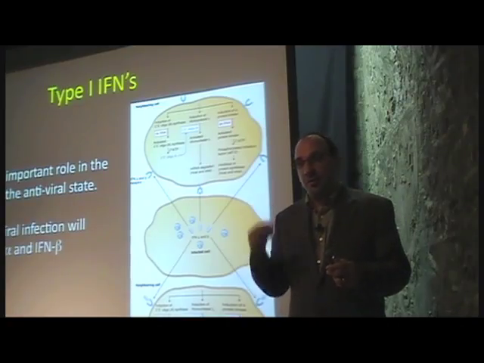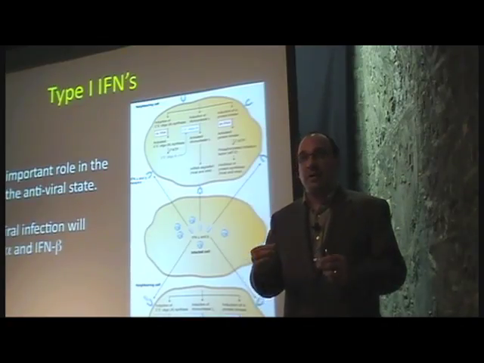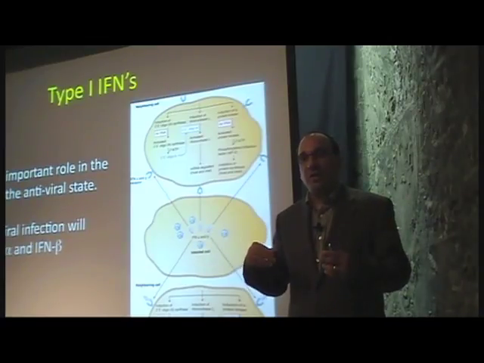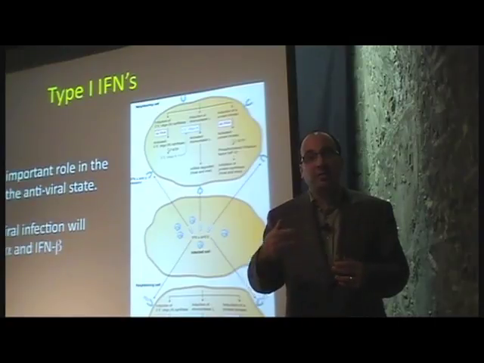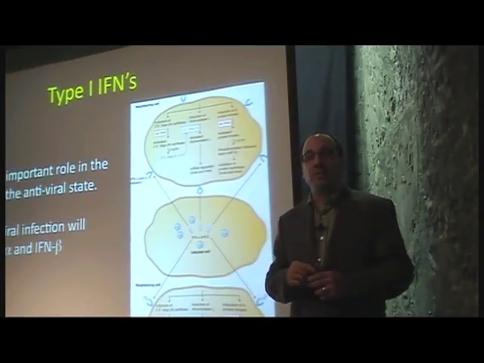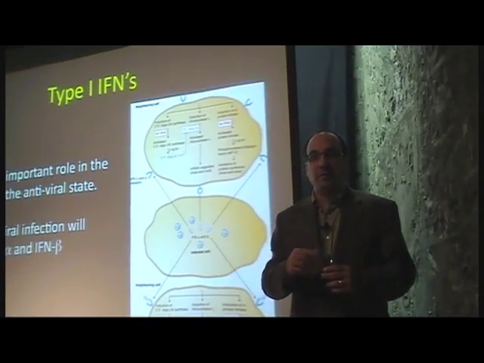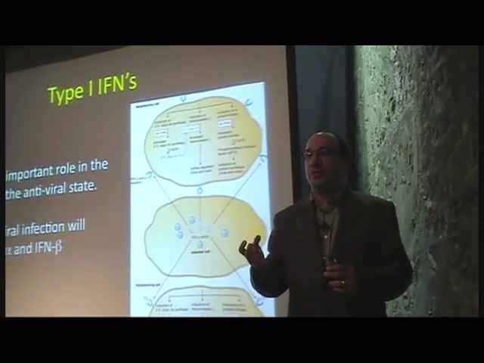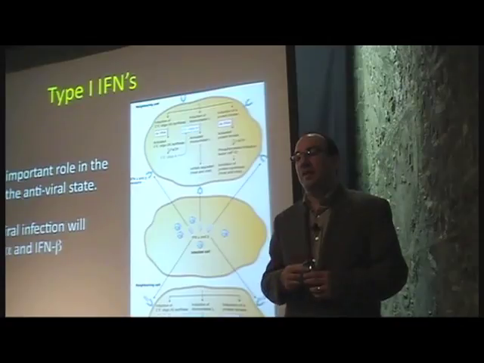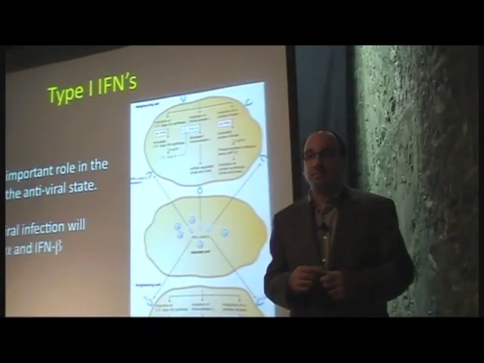Binding of interferon to the interferon receptor sets up the antiviral state in surrounding cells, such that those cells are resistant to viral infection, which is what happened in that original experiment. Pre-treating cells with UV inactivated virus caused the production of interferons, which then set up an antiviral state in all the surrounding cells, which prevented those cells from being infected by the wild-type virus when it was subsequently added.